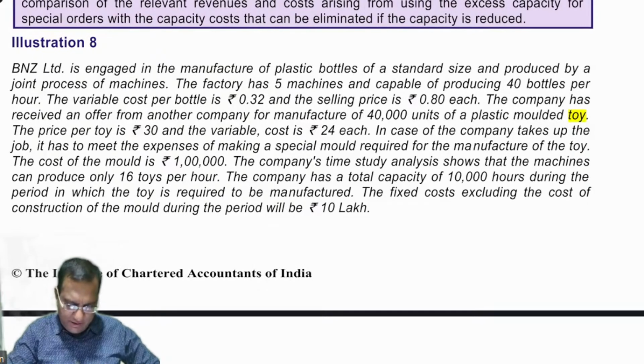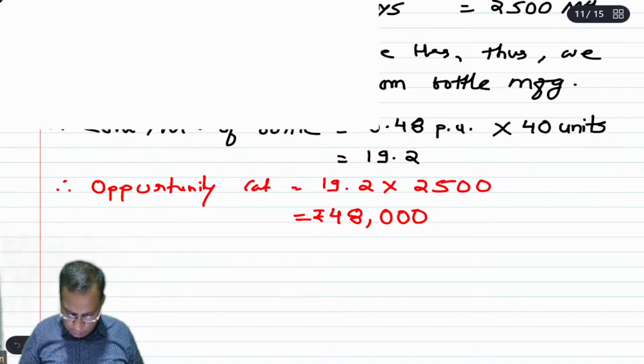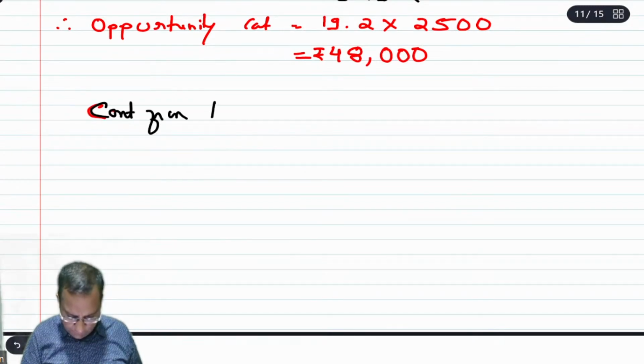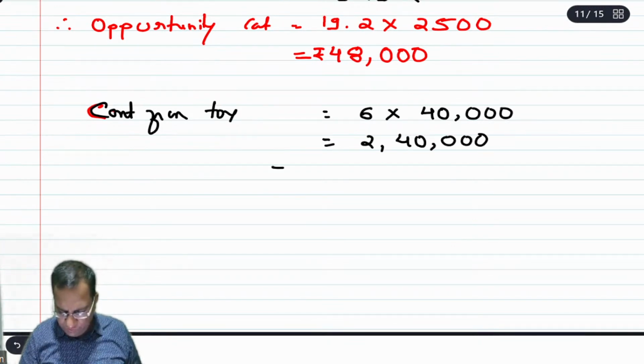Now check, if you accept this special order, then what is the contribution from the toy? Contribution from the toy is 6 rupees multiplied by 40,000 units, 2,40,000. Minus special mold cost 1 lakh.